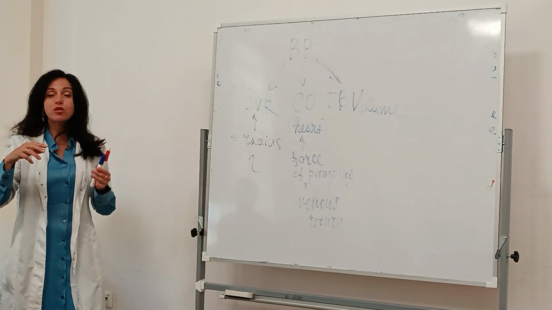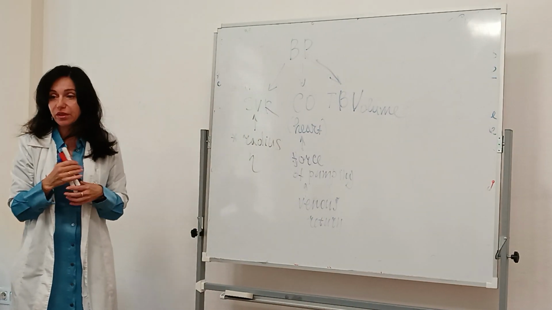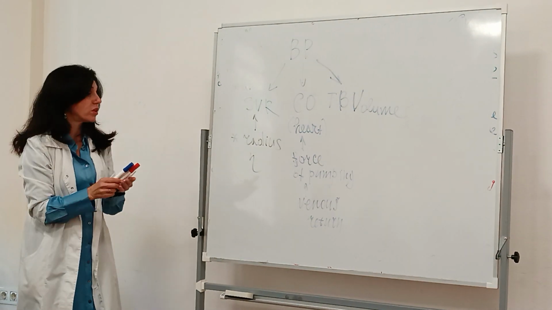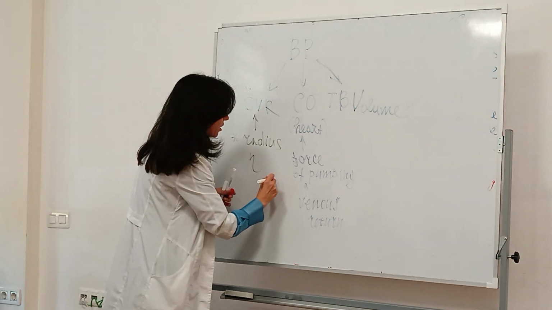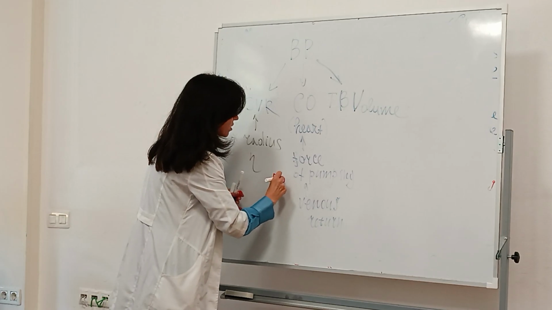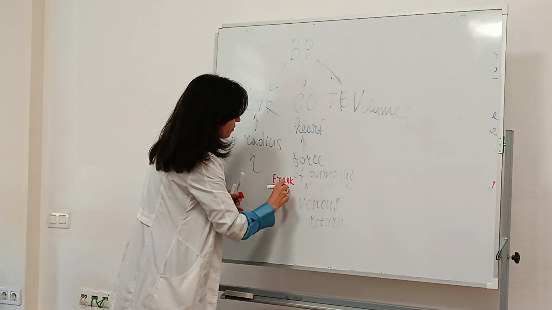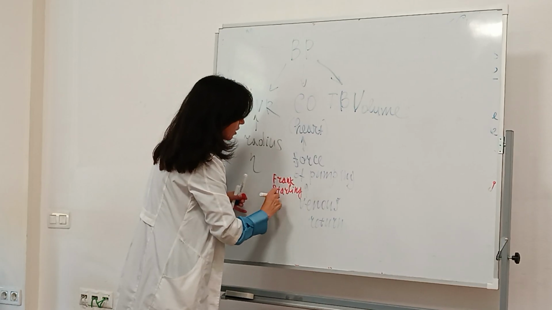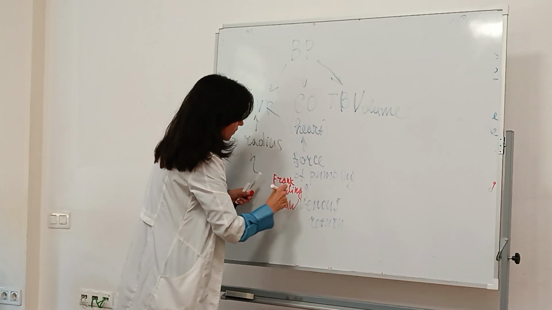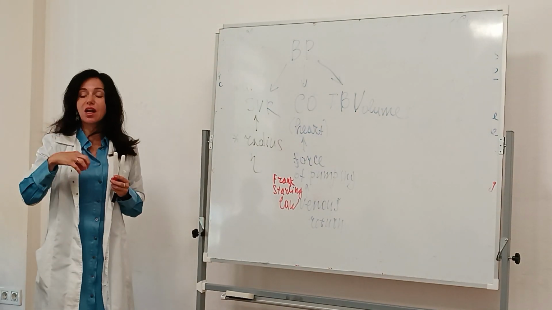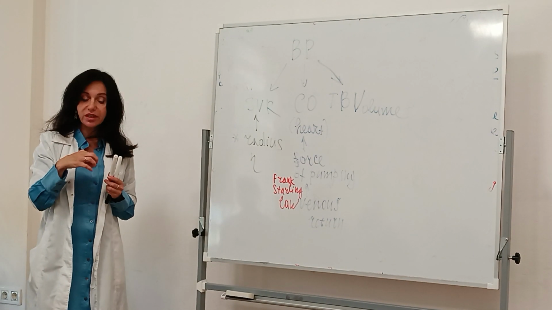It was in the previous lecture, but I didn't have time to explain everything. It's in accordance with the Frank-Starling law. You can write here: in accordance with the Frank-Starling law. It means myogenic intracardiac regulation.